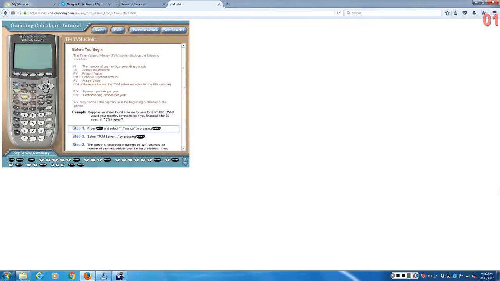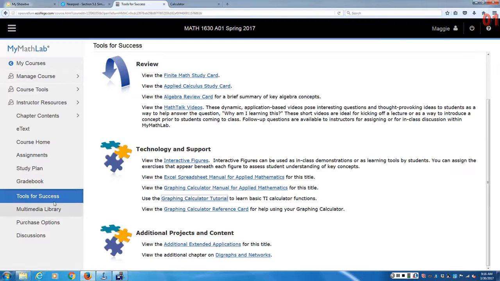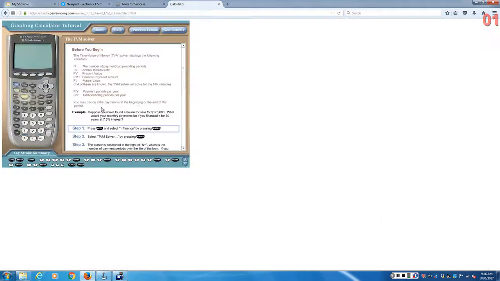Now, I'm going to try to make this bigger so you can see it better. I'm sorry, when I got applications, TVM solver, but what was the step before that? You go to Tools for Success and choose the Graphing Calculator tutorial under Technology and Support. It's toward the bottom. There's 4 choices there, but you want the 3rd one down. Okay? So let me see if I can make this bigger.